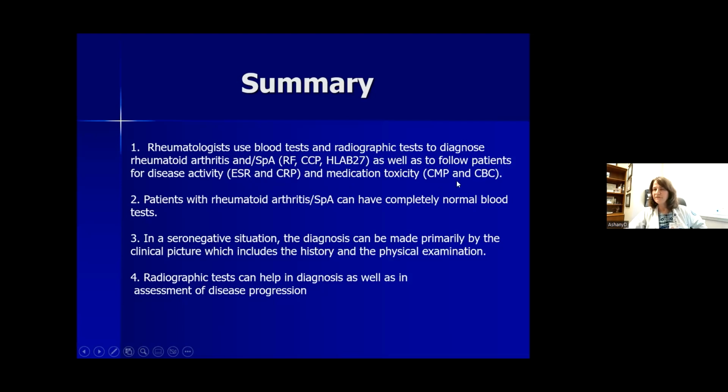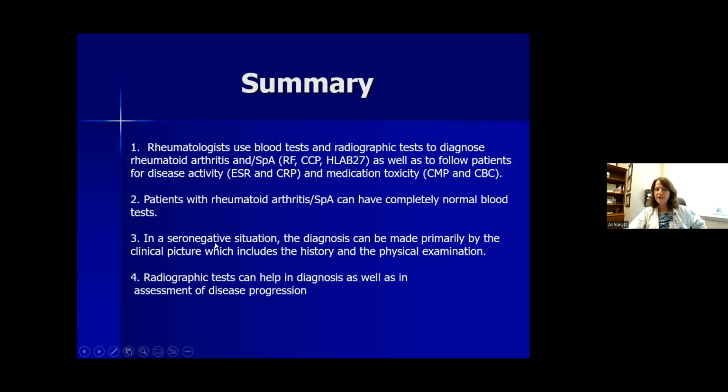Fortunately, when we see any evidence of that, we can stop the medication, everything reverses, we can alter the dose and move on. Important to remember that patients with rheumatoid arthritis or SpA can sometimes have completely normal blood tests. And in that case, what we're depending on to make the diagnosis is the history, the quality of the symptoms, the length of how long you've had the symptoms, and very importantly, the exam and also the radiographic studies.